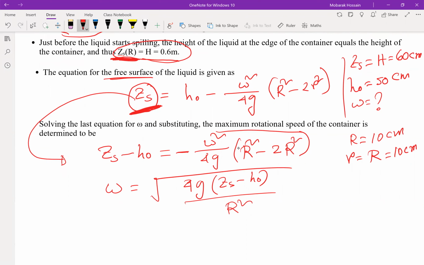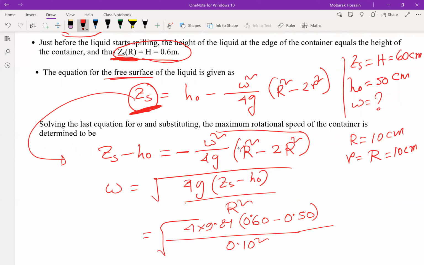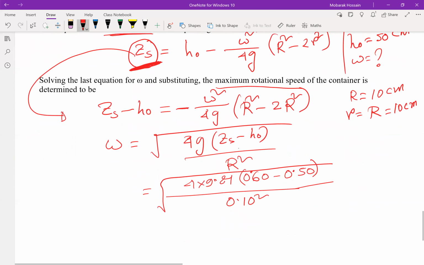Now we have all the values: 4 times 9.81 times 60 centimeters divided by 100 to make it meters, minus 50 centimeter divided by 100, over radius 10 centimeter squared, then square root. It will give you the maximum rotational speed of 19.8, and the unit will be radian per second.